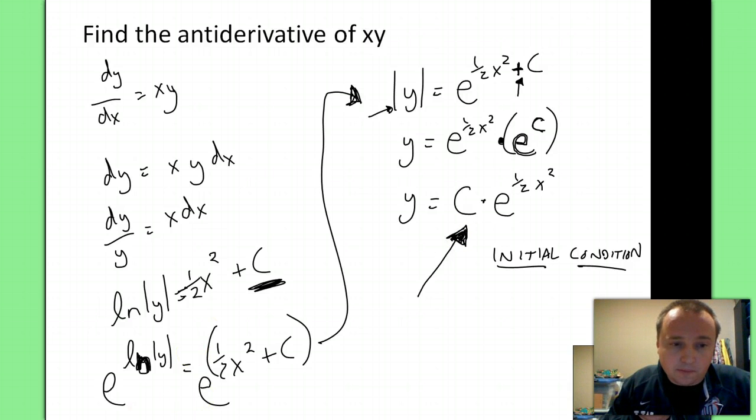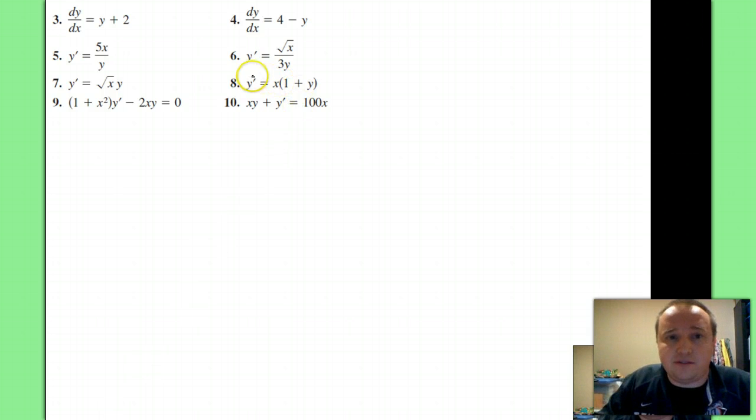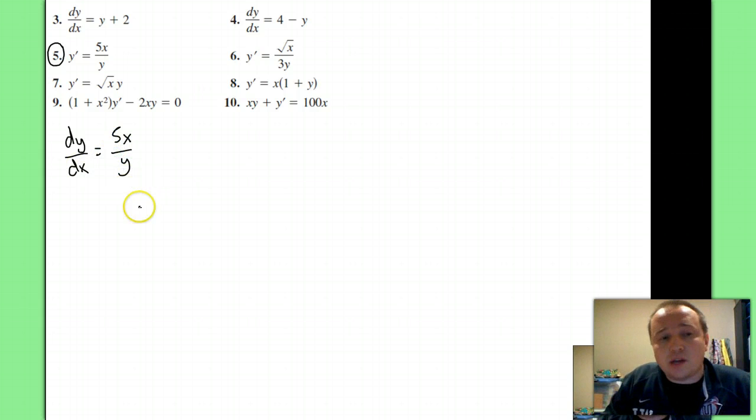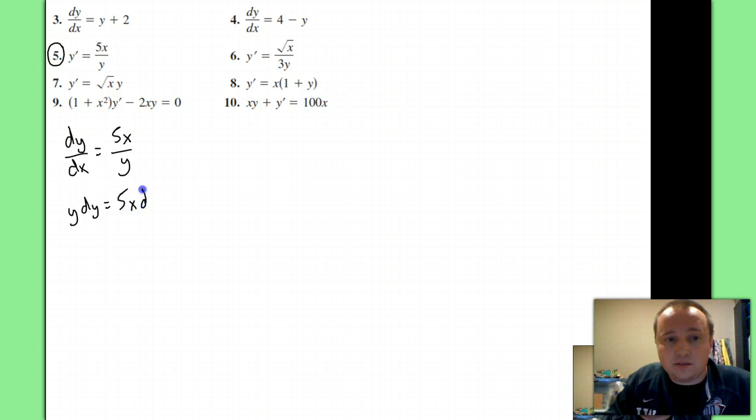All right, let's do another one. I have a smattering of problems here, so we can kind of play with them. So 5 is the more approachable one, so we're going to start with that. dy dx equals 5x over y. First thing you got to do is get your y's to one side and your x's to the other. So I have y dy equals 5x dx.